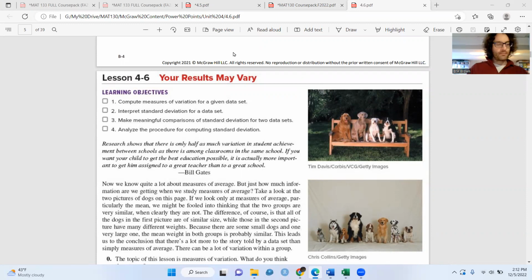There's another important measurement in statistics that goes with the measure of central tendency and helps us understand our data set. That's the measures of variation. Another word we use a lot in our 133 stats class is measures of spread.